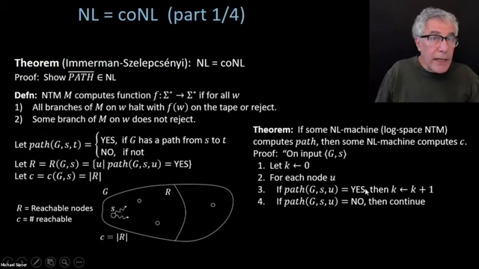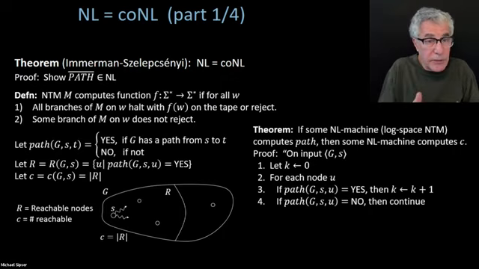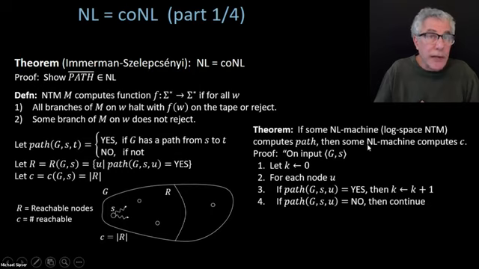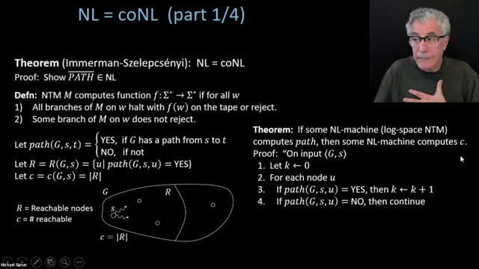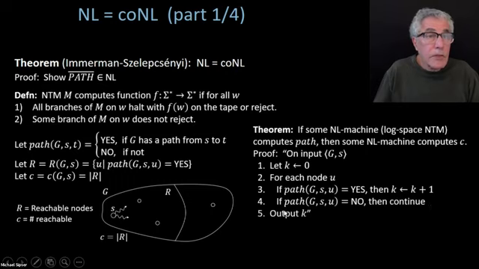Now, when I'm running my NL machine to compute this function, that NL machine might punt, might reject sometimes on some branches. That's okay. I'm also an NL machine, I'm computing a value, and I also might punt on some branches. So at the end, I'm going to output that count.